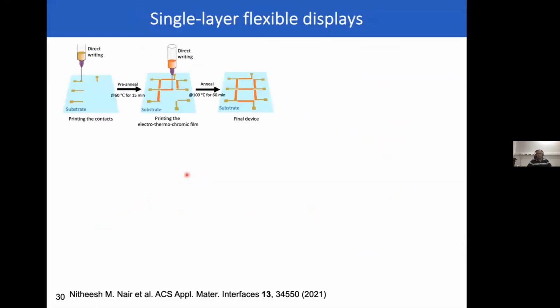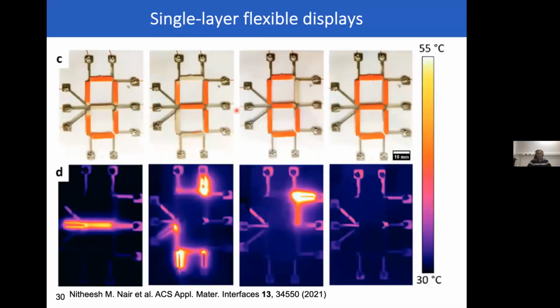So in order to show that these can actually be used as displays, we started off with a very simple 7-segment display. We printed the 7-segment display by using this thermochromic ink. And we also made electrical contacts using silver nanoparticles.